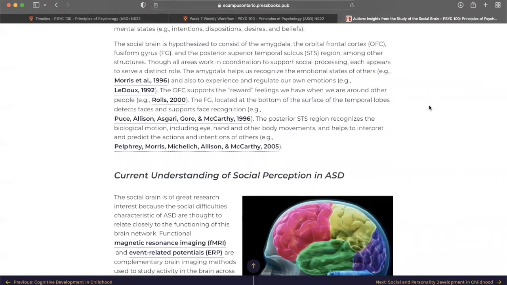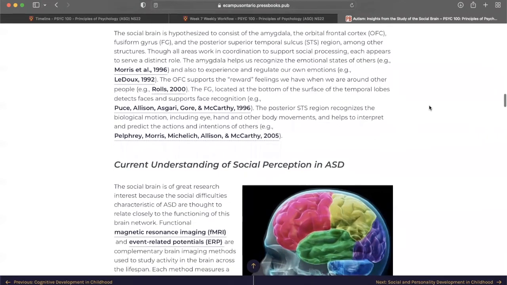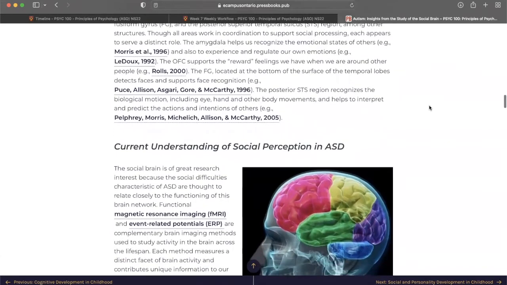Though all areas work in coordination to support social processing, each appears to serve a distinct role. The amygdala helps us recognize the emotional states of others and also to experience and regulate our own emotions. The OFC supports the reward feeling we have when we are around other people.